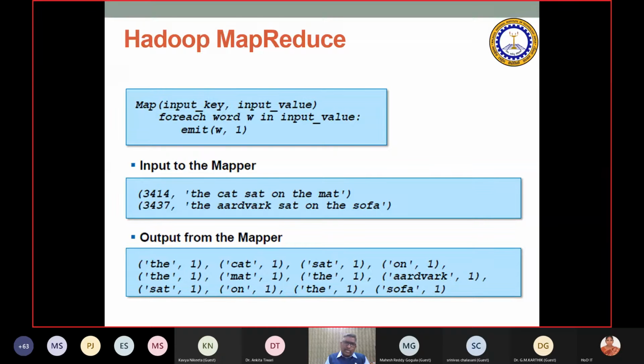That is the word count program. The result at the end is presented in ascending order, obviously, right? So you start with A, B, C, like that, and then you give how many times the words starting with A, starting with B, starting with C have come, right?